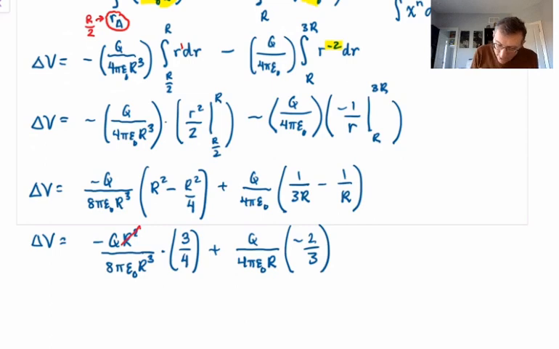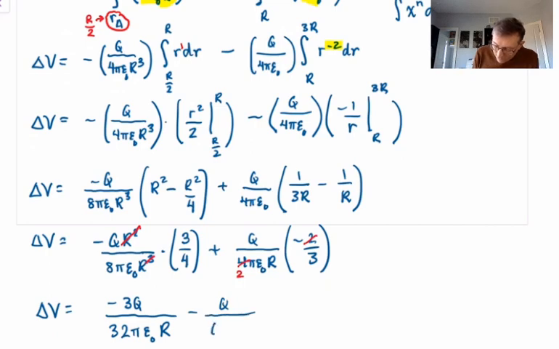R squared and R cubed will partially cancel. And what's left? Well, negative 3q over 32 pi epsilon 0 r minus, well, what I can do here is cancel that and that, leaving it 2. So minus q over 6 pi epsilon 0 r.